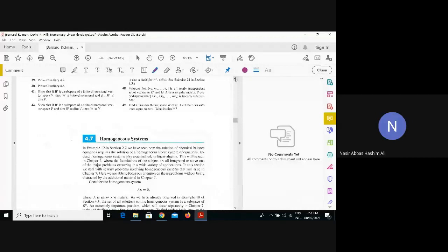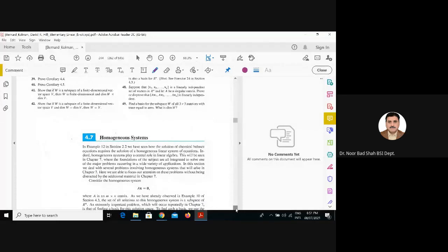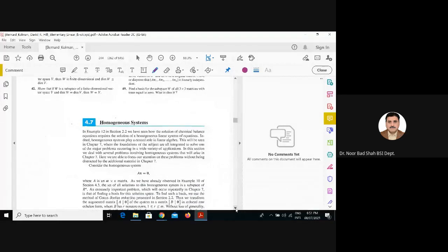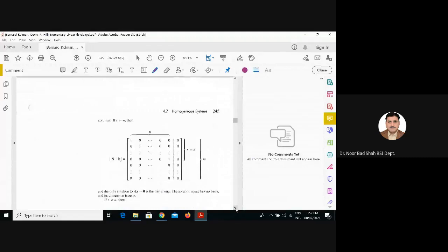No, sir. Okay, so let's move towards homogeneous system of equations. And in this case, obviously, we'll be talking about basis for the solution of homogeneous system of equations. So if you remember, we have discussed that already. You will be considering that homogeneous system of equations.